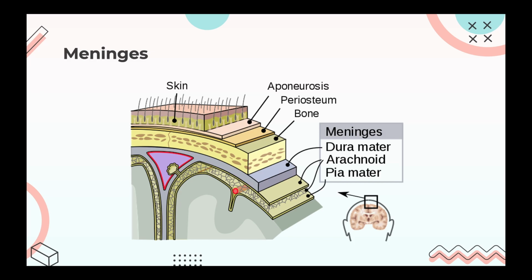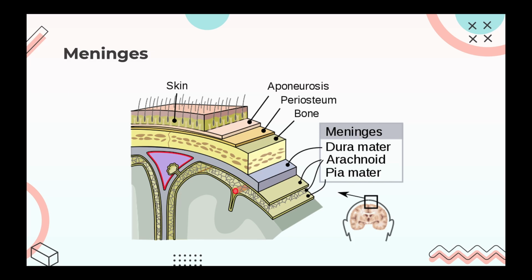Now, as I said, they are rather thin, so I mean the skull is probably the biggest layer of defense, but still the meninges play an important role because they actually make sure that the brain is somewhat distant from the bone, because otherwise a fracture to the bone would instantly mean injury to the brain. Whereas now it doesn't necessarily have to mean that because there's this fluid space and there's also these small layers that still protect the brain.